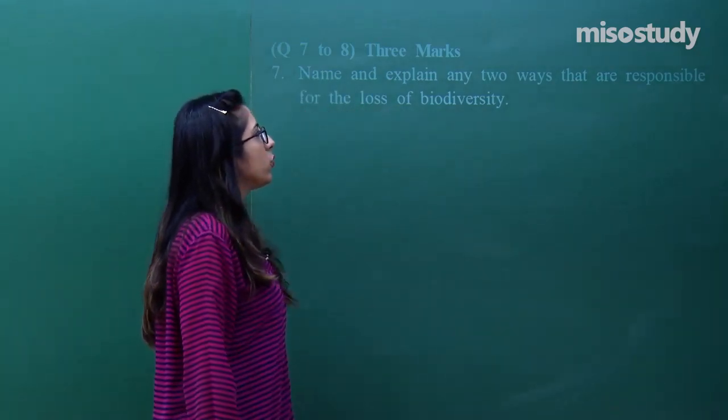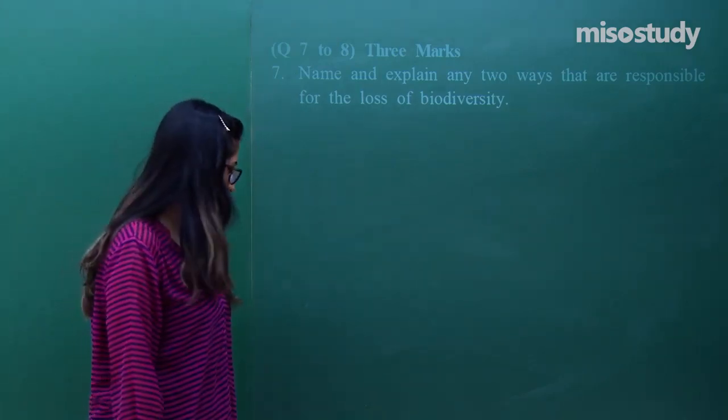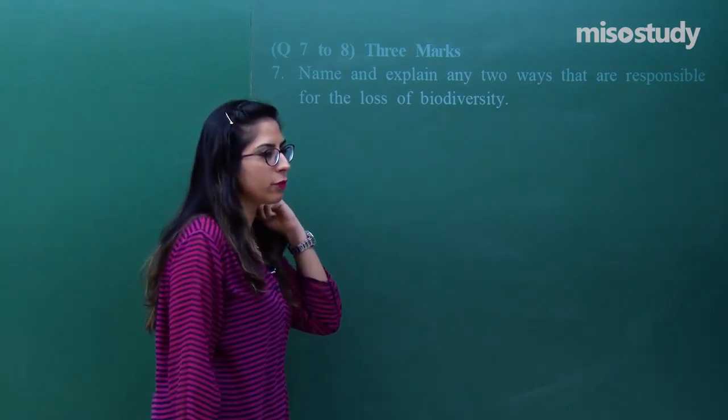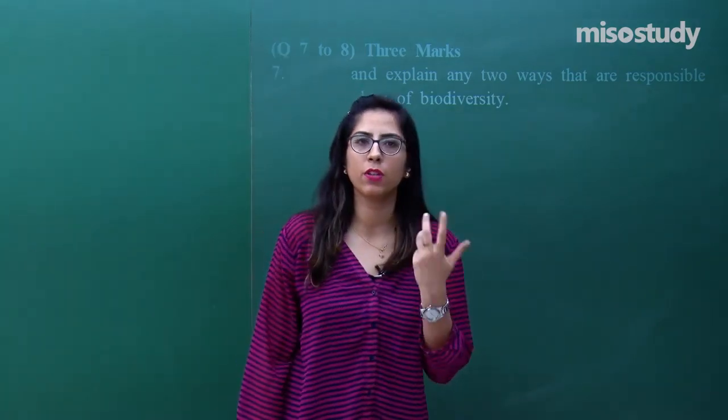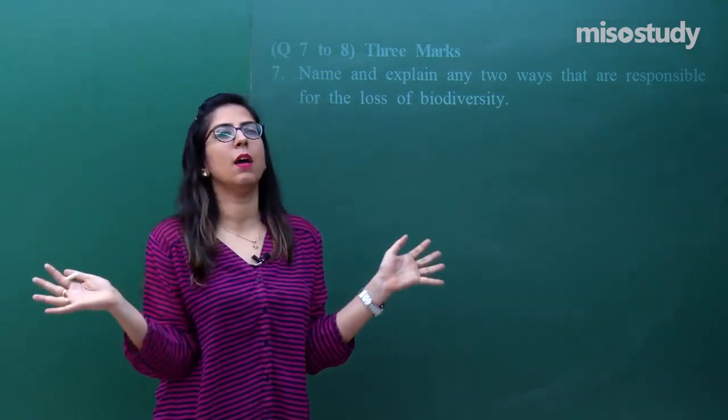Name and explain any 2 ways that are responsible for loss of biodiversity. So the question indicates that we have to explain the ways by which the loss of biodiversity happens. We have studied about n number of ways.